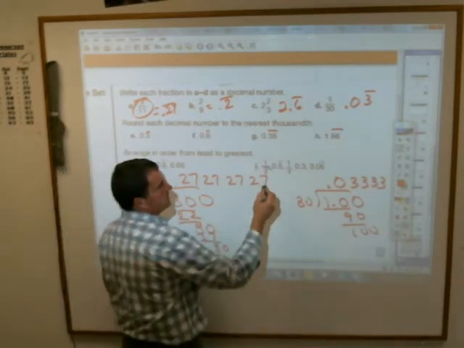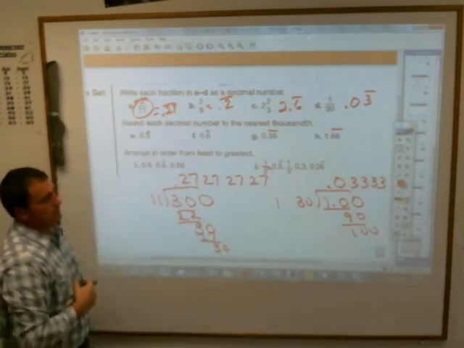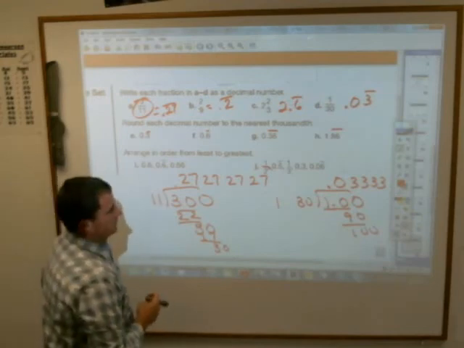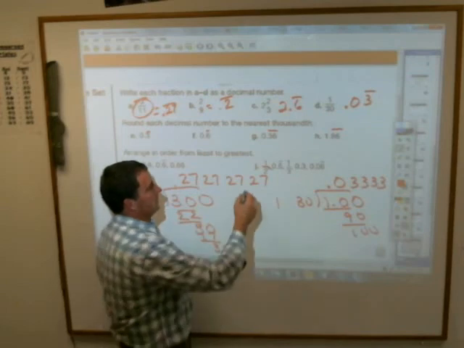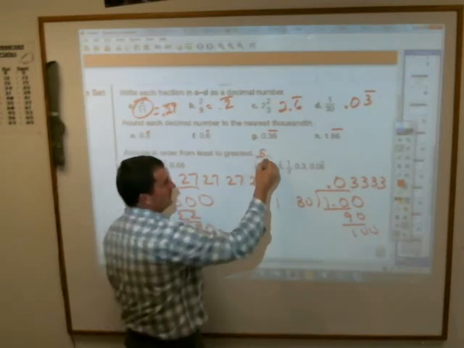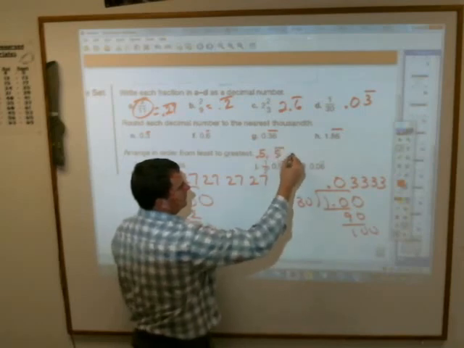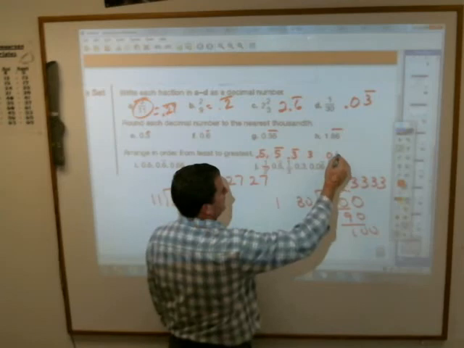Best way to figure out if they're bigger or smaller, there are a couple of different ways you could do it. Lauren? Yeah, I would change them all to decimals. Why? If you change them all to fractions, it still doesn't give you a clear answer. 1/2 is 0.5, 0.5 repeater, 1/3 is 0.3 repeating, and then there's a 0.3, and then there's a 0.06 repeater.